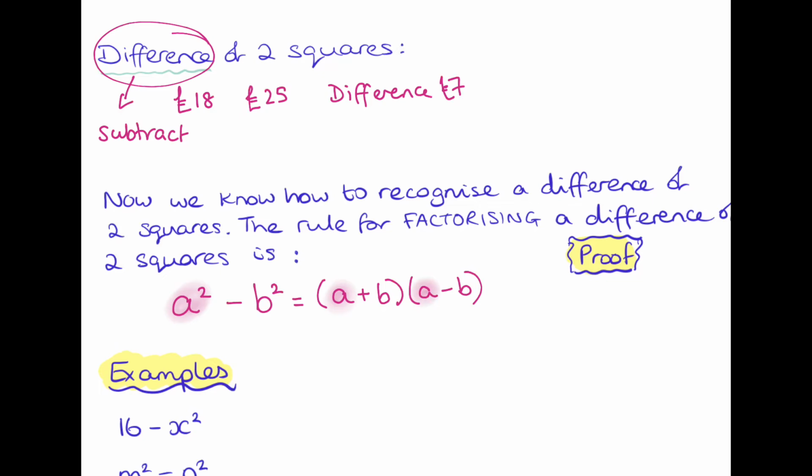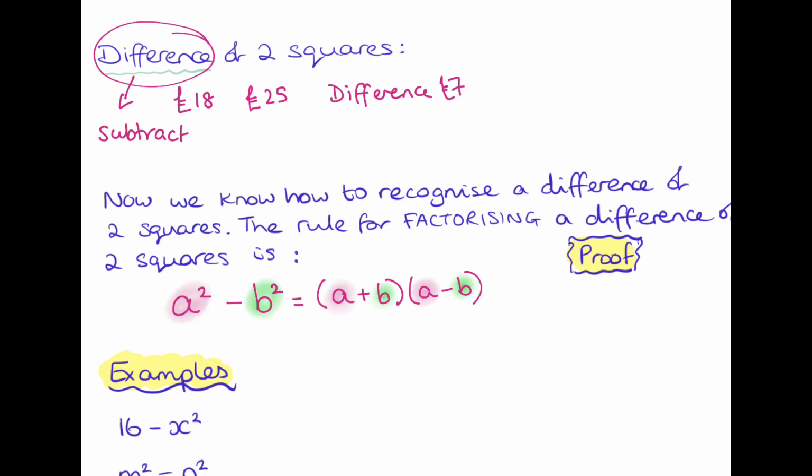Whatever squared gives you this, they go in the ends of the brackets, and you've got one plus and one minus. Let me just prove that to you by multiplying it out.